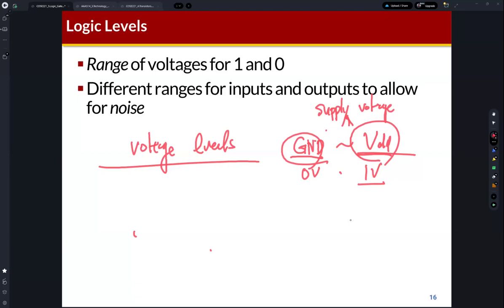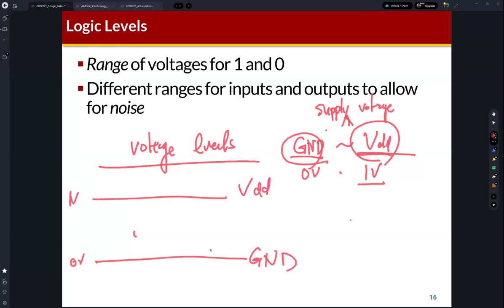So the voltage level changes from 0 volt, the ground, to 1 volt, VDD, and then we need to translate this analog signal to digital values, right?